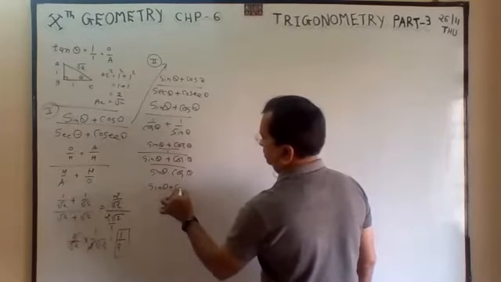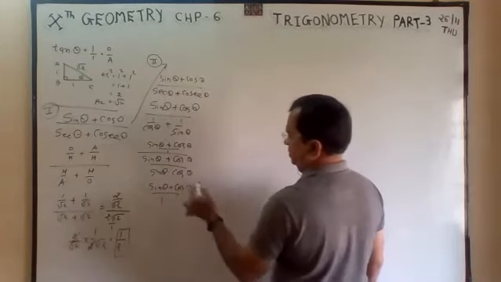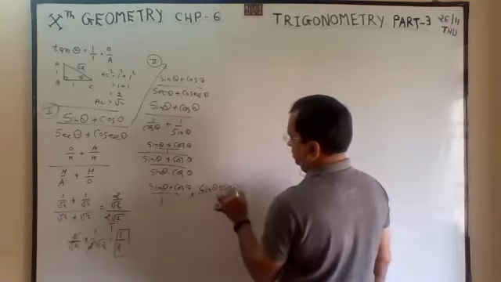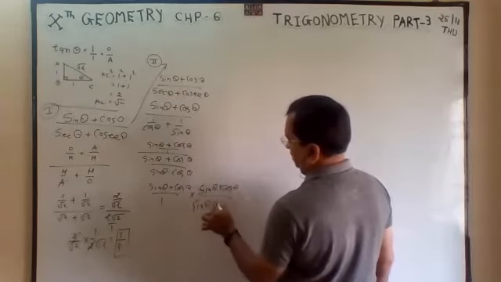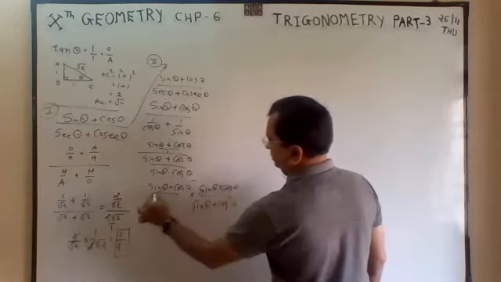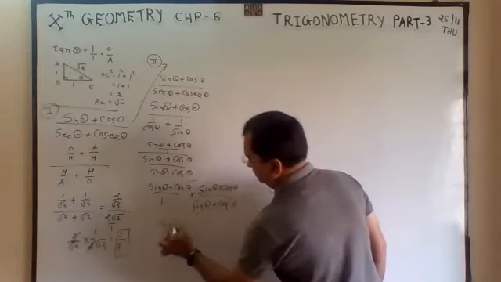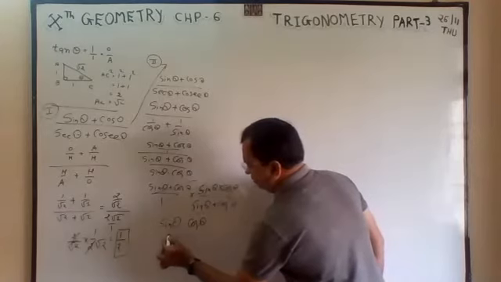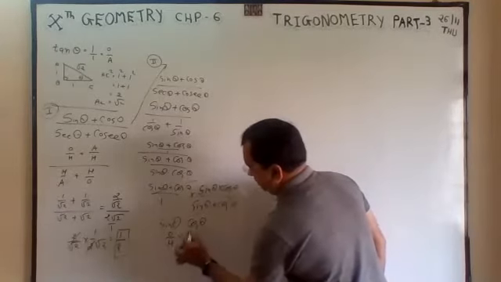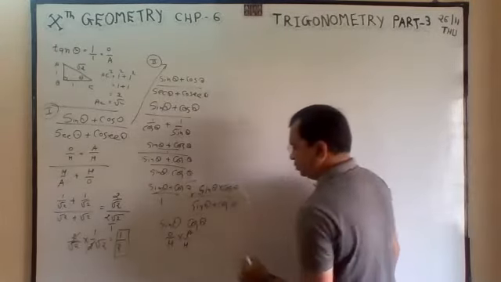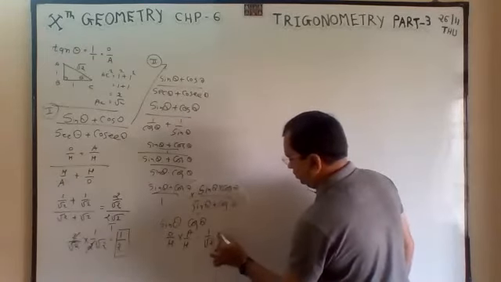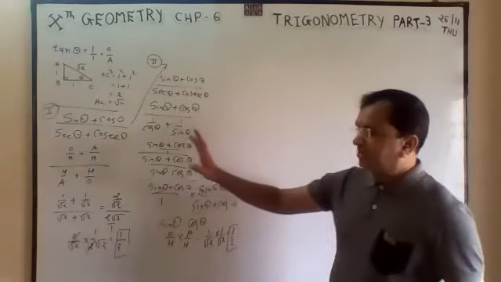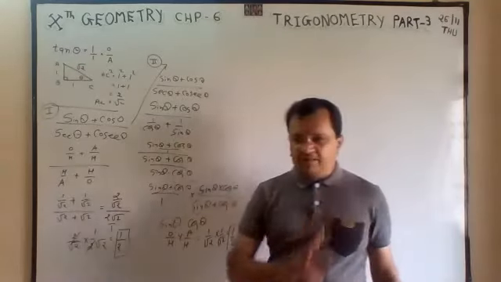So sin theta plus cos theta by 1 into sin theta cos theta by sin theta cos theta. This will cancel. So only sin theta cos theta will remain. Sin theta means opposite by hypotenuse, cos theta adjacent by hypotenuse. So it is 1 by root 2 into 1 by root 2. It is 1 by 2. Method 1, method 2, now method 3.